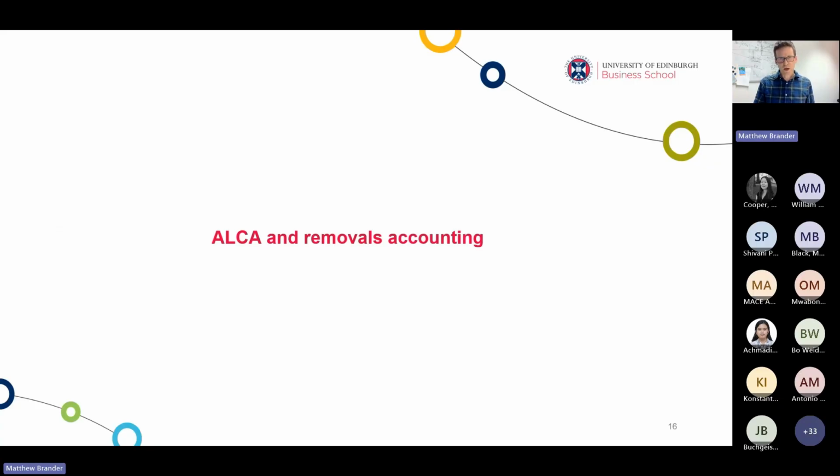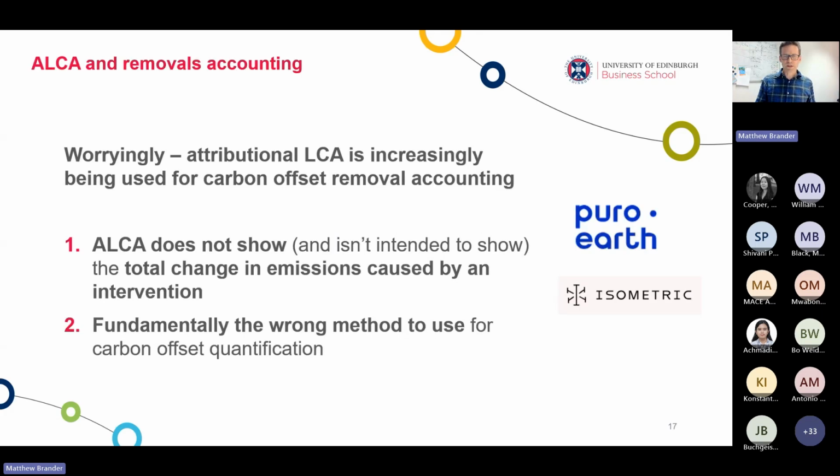Now I wanted to just quickly talk about attributional life cycle assessment and removals, because this is a slightly strange, possibly worrying trend that we're seeing. This is within the carbon offset removal space, where a number of certification standards are starting to use attributional LCA to quantify the net change in emissions and removals caused by removal type projects.